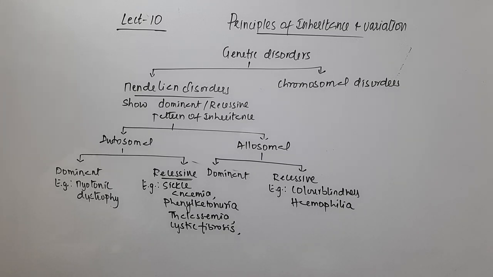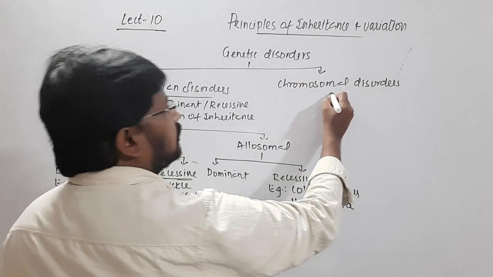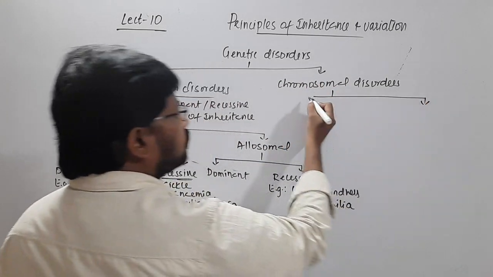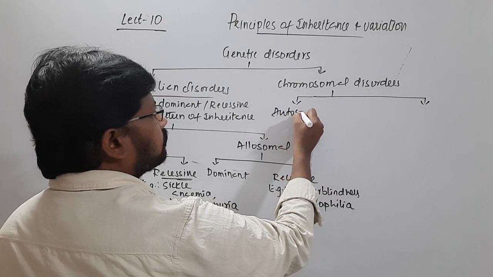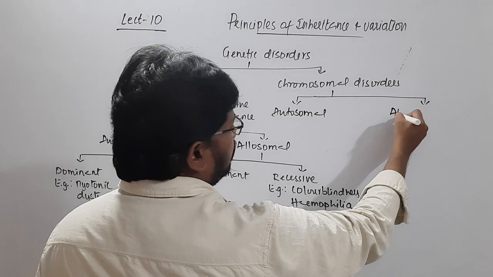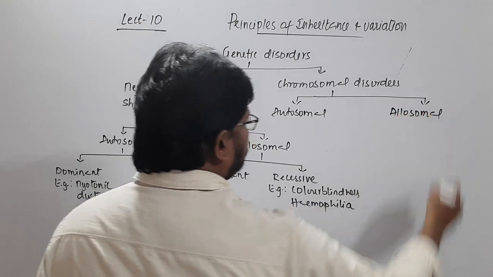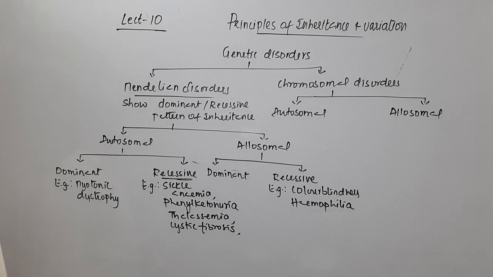Then coming to chromosomal disorders, these also I'm going to classify into two types: autosomal and allosomal. If we see aberrations in the autosomes, we call it autosomal. If sex chromosomes are affected, I say allosomal.